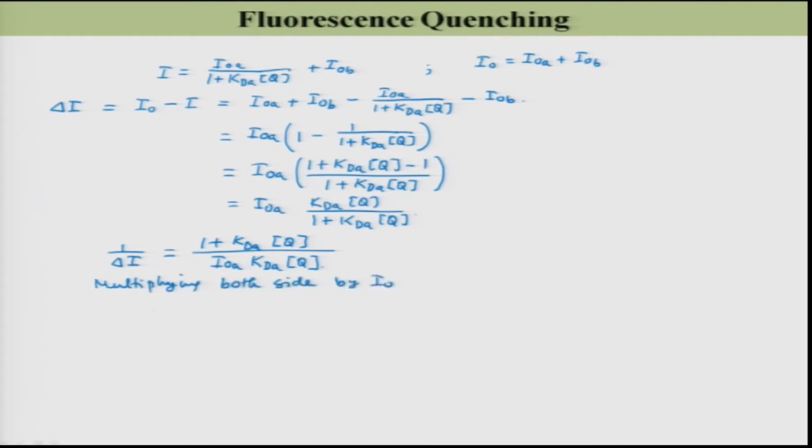I will get I 0 by delta I is equal to I 0 times 1 plus K d A into Q divided by I 0 A K d A into Q.